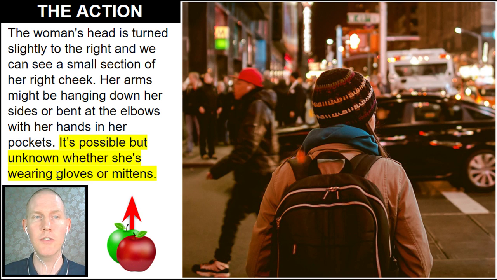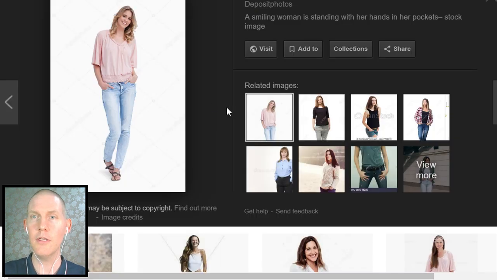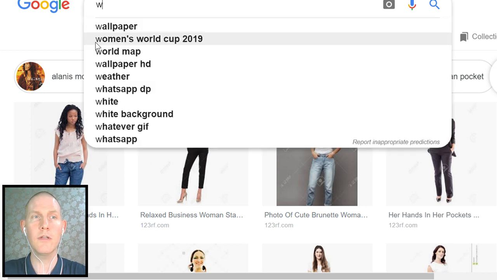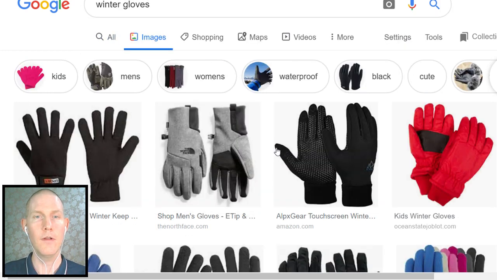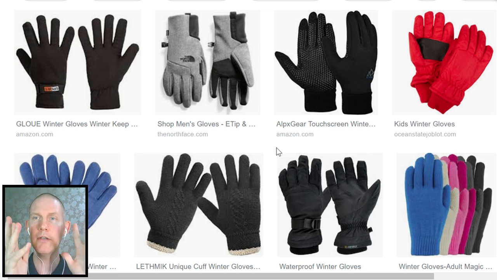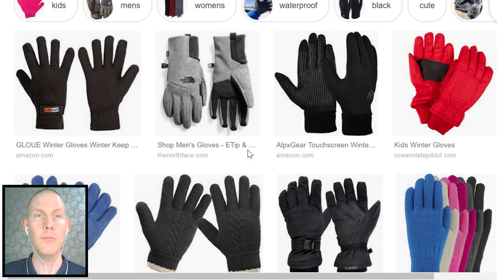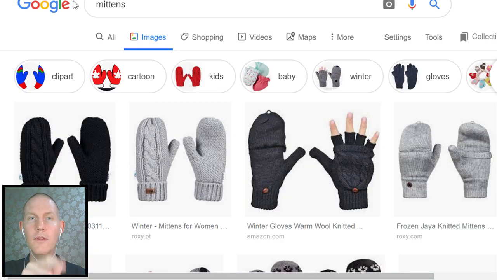Okay? And it's good to know the difference between gloves and mittens, right? So let's take a look. I've used both in the winter, and if it's really cold, I'll tell you I prefer mittens. But first, let's take a look at winter gloves. All right, so gloves, you know, there's an individual covering for each finger. And the main difference for mittens is that it covers your whole hand, right?